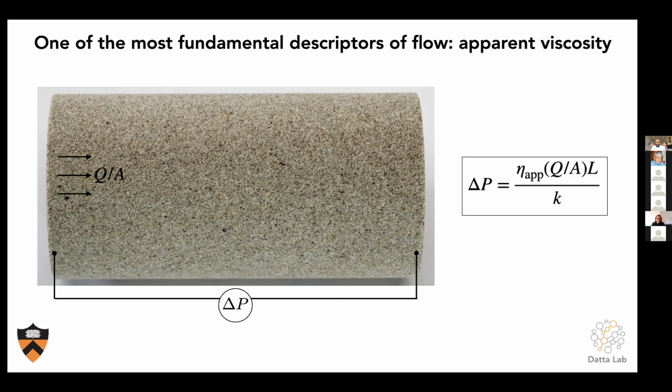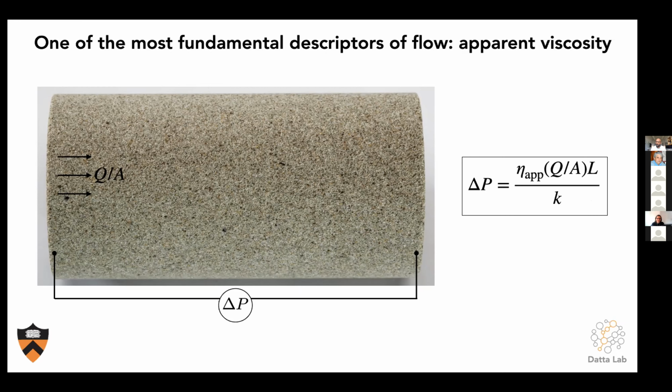This is the most basic descriptor of the flow that you can imagine. And so typically we use Darcy's law, shown here. And for a polymer solution, often what people do is they replace the shear viscosity that you typically use with what's known as the apparent viscosity. So this is the effective viscosity of the polymer solution inside the porous medium.